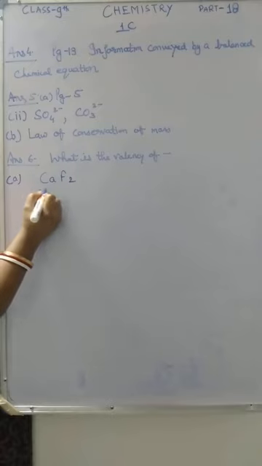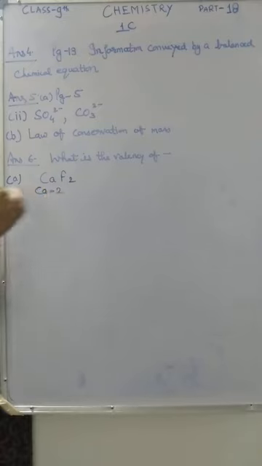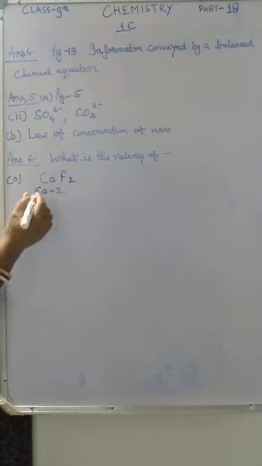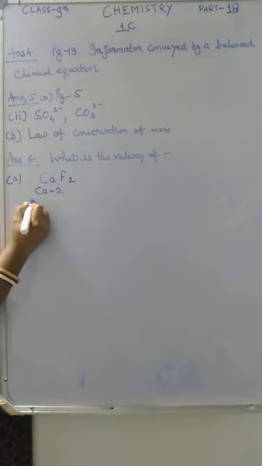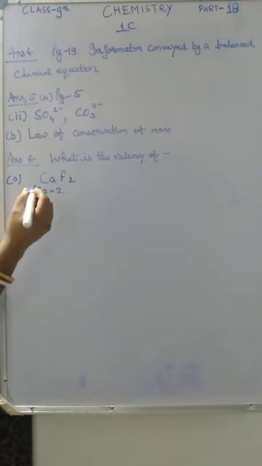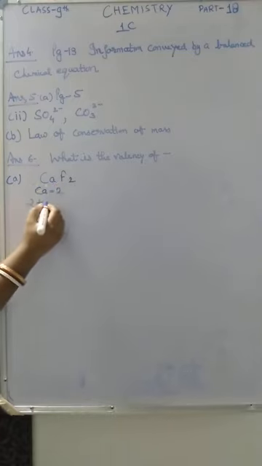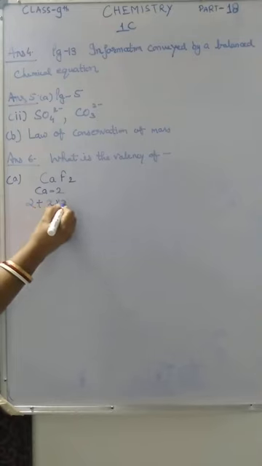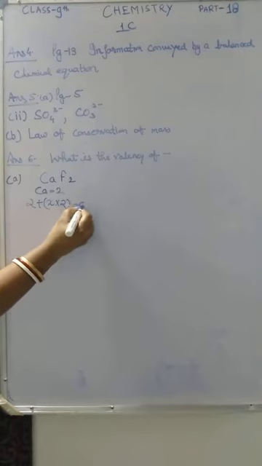So you know that the valency of calcium is 2. So you can make one equation also. Valency of calcium is 2. Let the valency of fluorine be x into 2 because 2 is given here. So x into 2 is equal to 0.